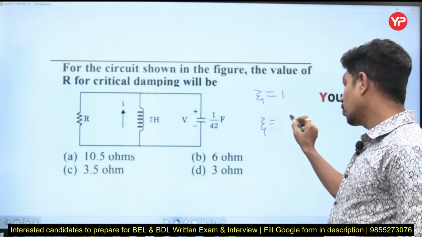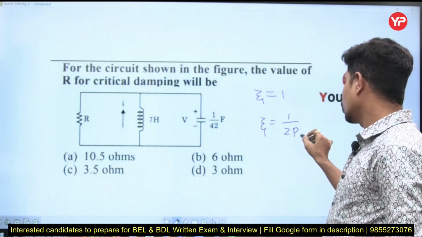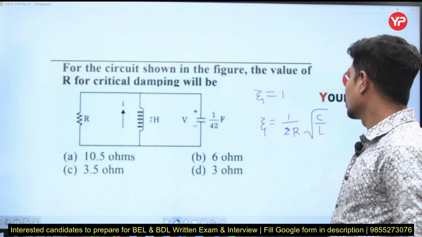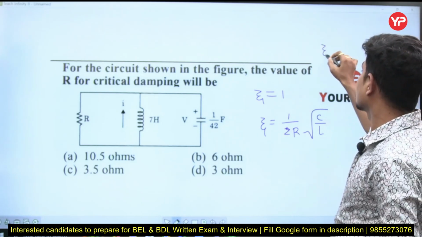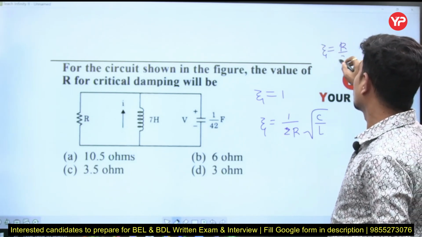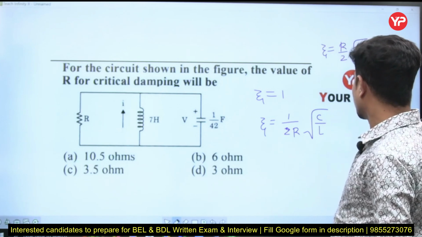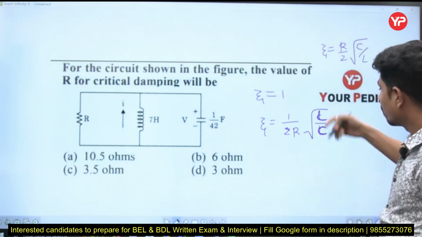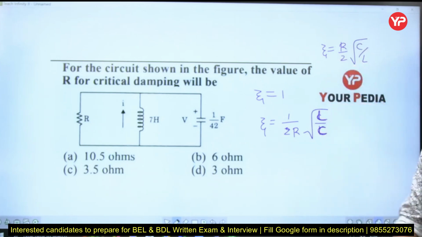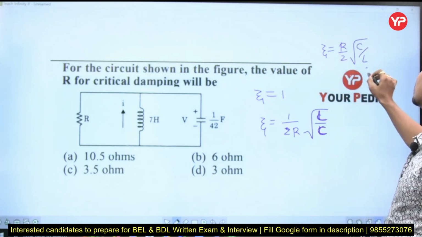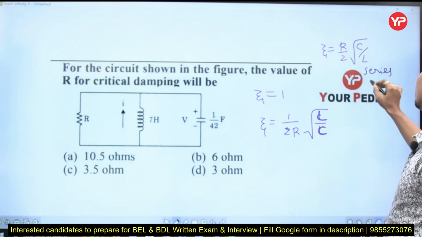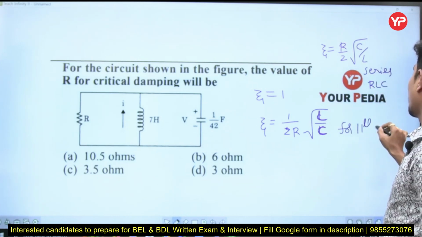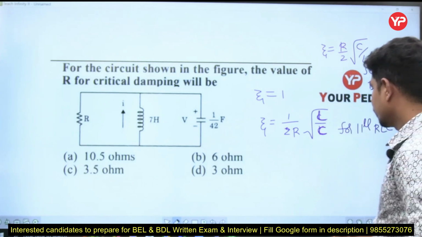Zeta is equal to 1 by 2R into root of C by L. For series RLC, zeta is equal to R by 2 into root of L by C. Sorry, this will be L by C. Remember any one of those two, and both are duals of each other. This is for series RLC, and this is for parallel RLC.